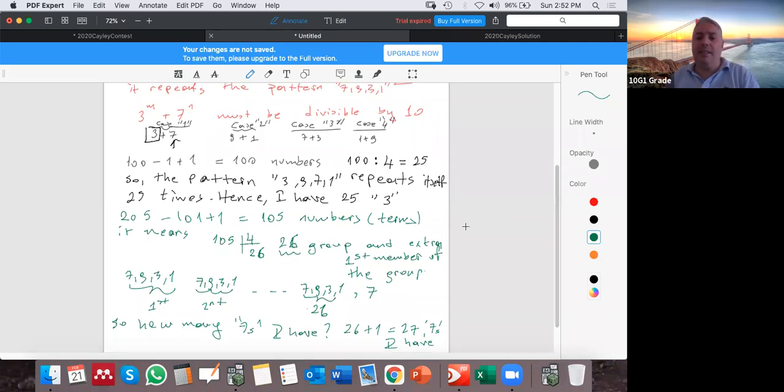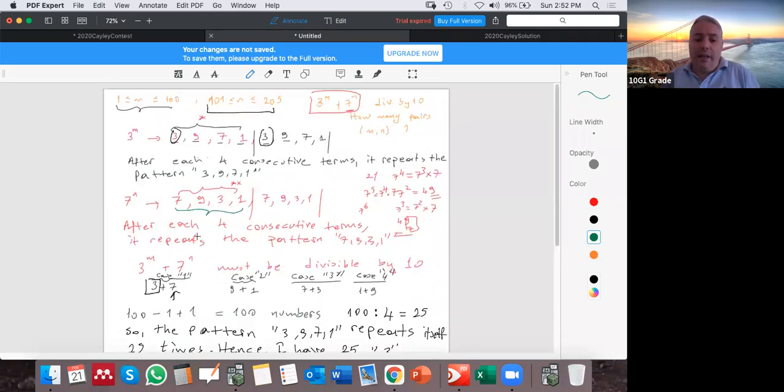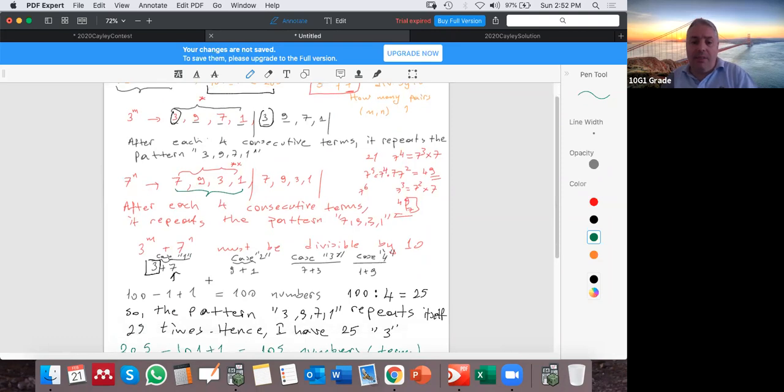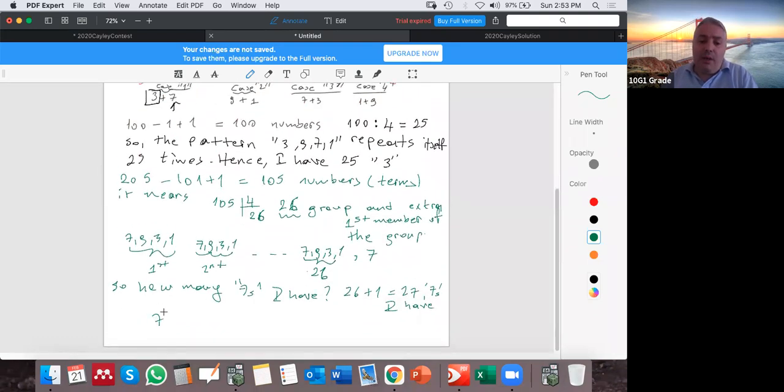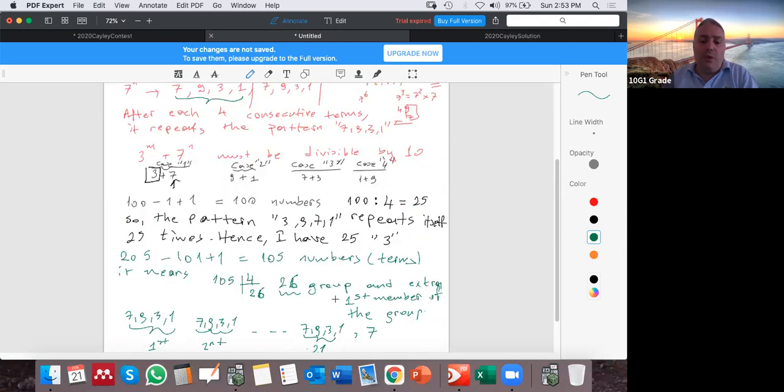Okay, the reason is this. Here, n is starting from 101 to 205. It means 7 to the power of 101, 7 to the power of 102, 7 to the power of 103, up to 7 to the power of 205.